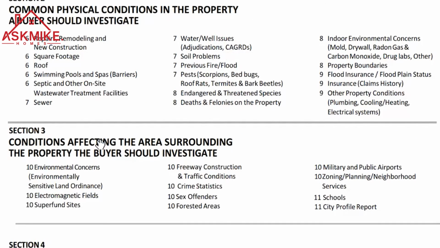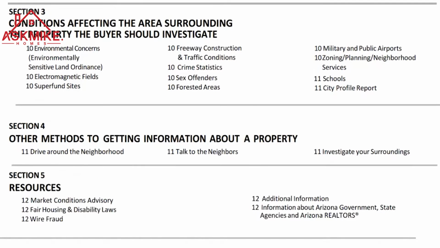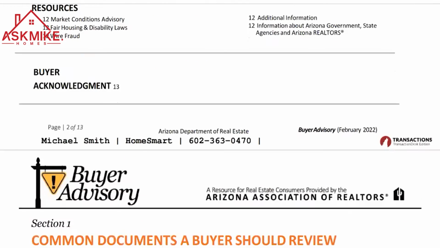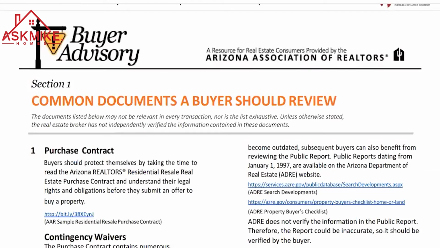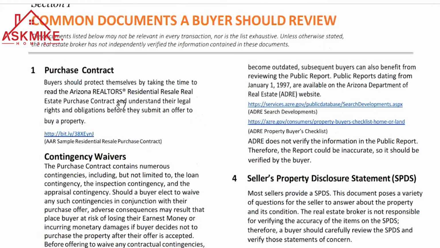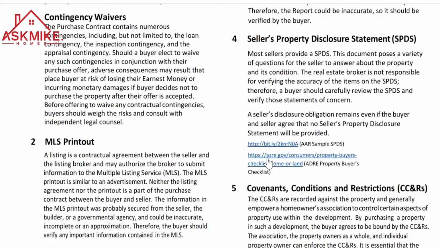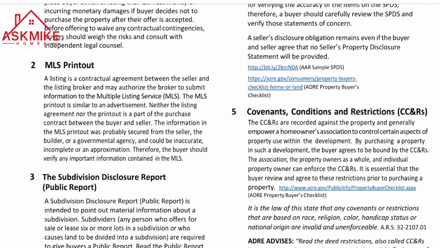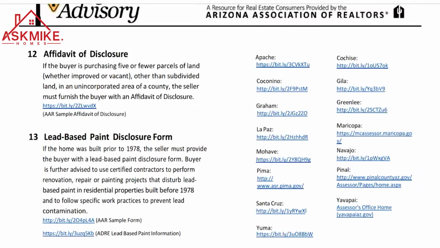Common conditions to investigate. It just basically walks a buyer through things that they need to look into before they go and buy a home. Then it starts to talk about the purchase contract, contingencies, seller's property disclosure, and it gives you links for you to gather more information on that particular document. And as you can see, this is a big advisory.